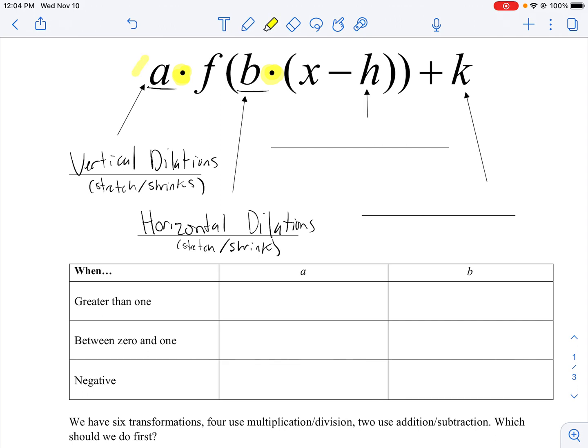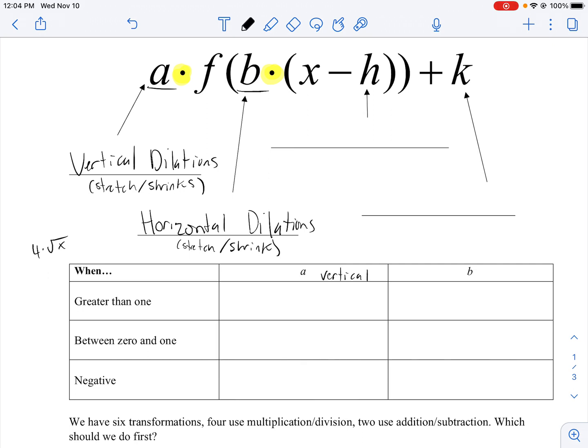So if we're looking at the A, the stuff on the outside of the equation, that is your vertical. Okay? So when it's vertical, you do exactly what you see. So we have a number greater than 1. So imagine we have like 4 square root of x, right?